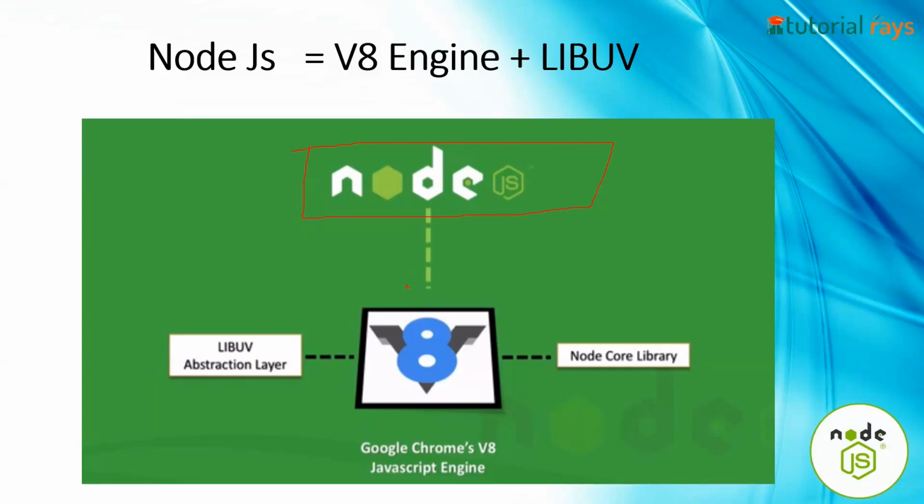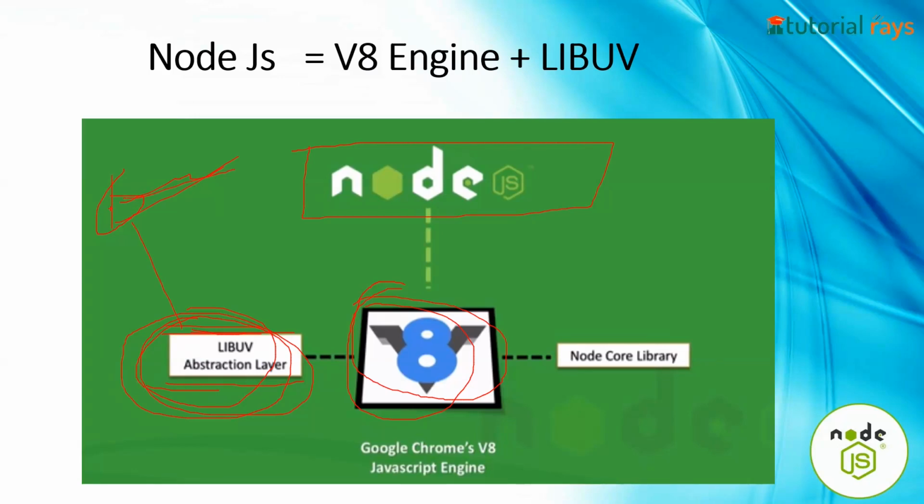This V8 engine is fine, but this is not enough. We require access to the operating system. The libuv abstraction layer, that means this library, is also required to access the operating system and for hardware interaction.